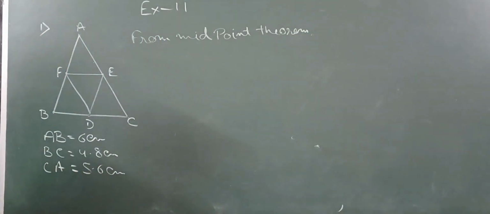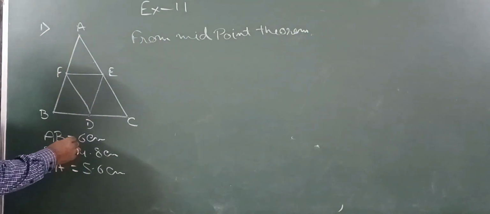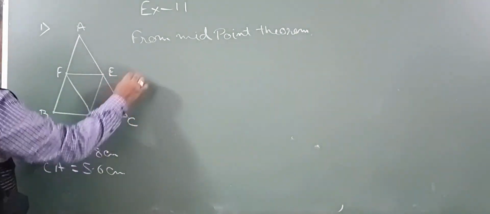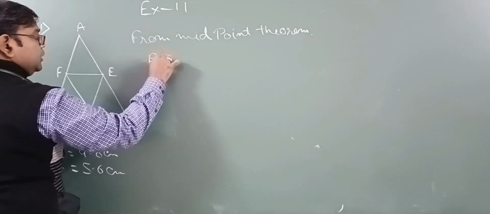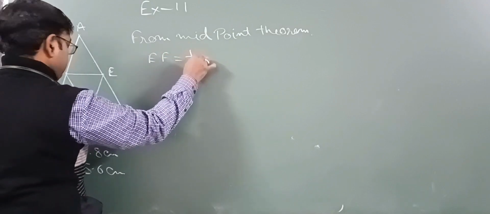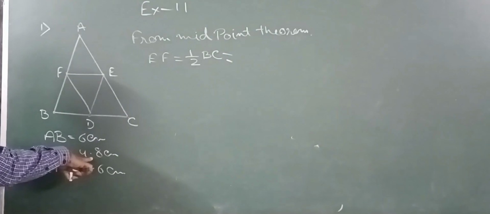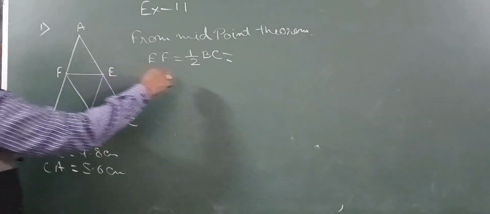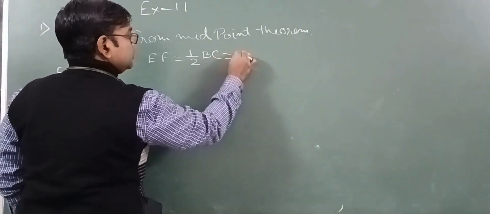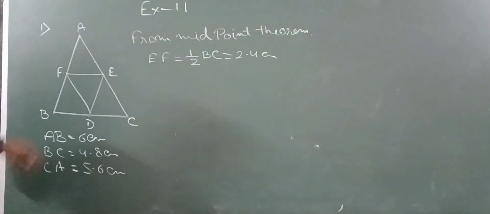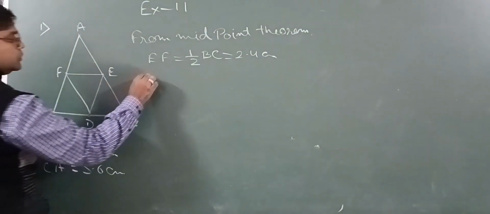We can say, see here, this is half of this, so EF equals half of BC, and the measurement of BC is 4.8, so half of 4.8 is 2.4 centimeter.